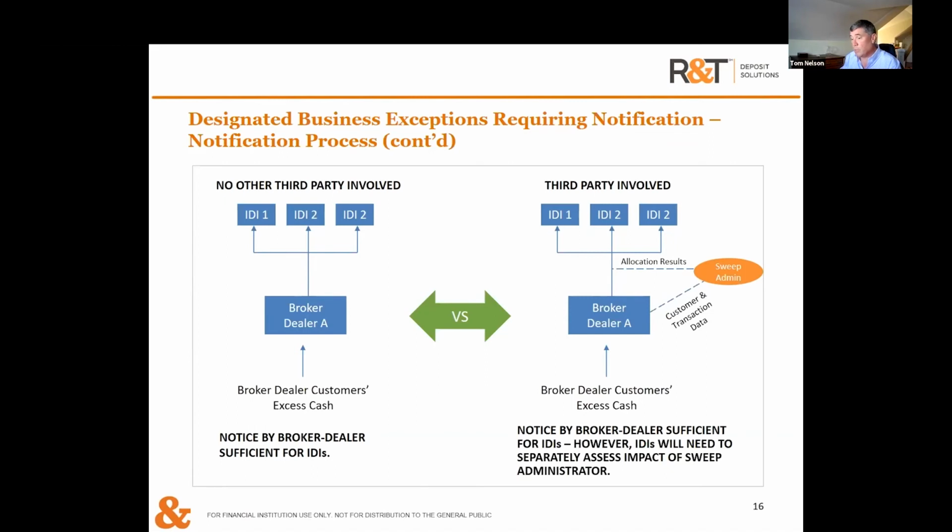As long as that broker-dealer has filed notice with the FDIC that they are subject to a primary purpose exemption because of the 25%, and they have that information, they'll be able to provide it to you. It's very clear the banks, you guys, the IDIs, will be able to treat this as a core deposit.